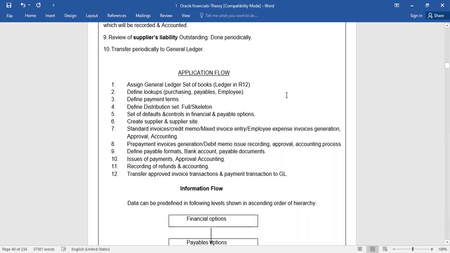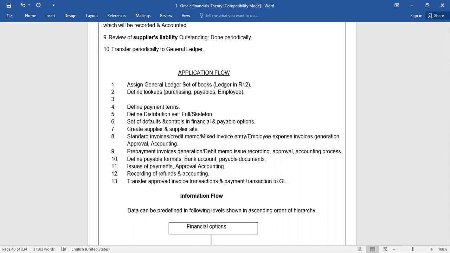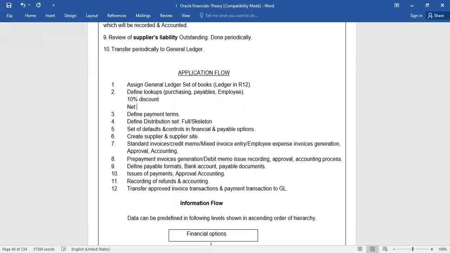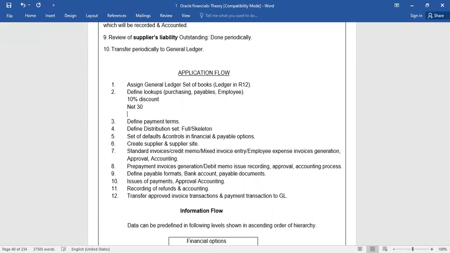Suppose there is only a 10% discount, 10% at 30 days. These are available.